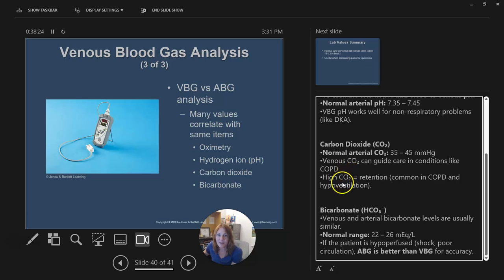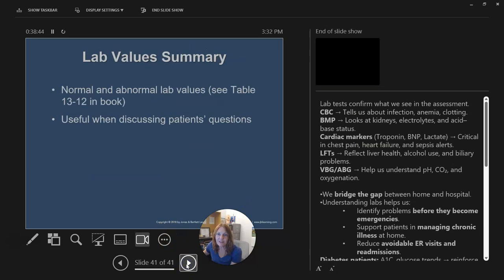And last but certainly not least for our venous blood gas analysis is our bicarbonate, our HCO3. Venous and arterial bicarbonate levels are usually very similar. Our normal range, 22 to 26. If the patient is hypoperfused, shock, poor circulation, ABG is better than VBG for the accuracy.